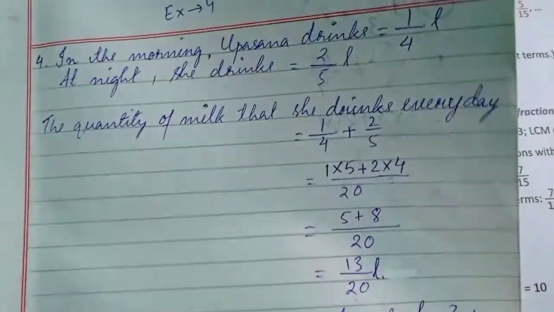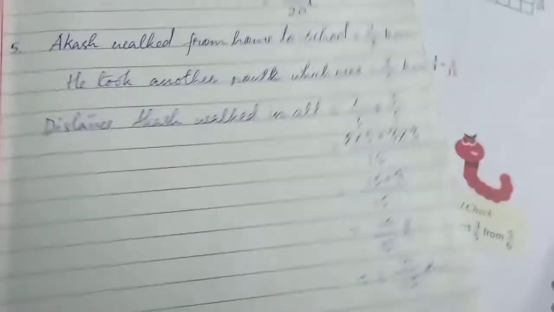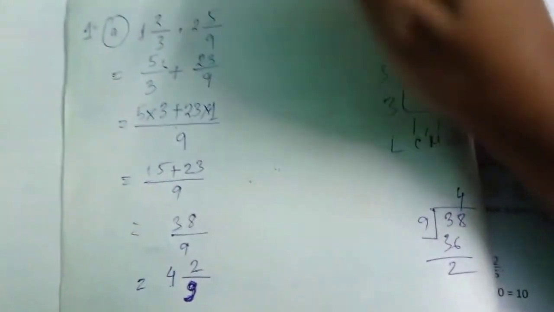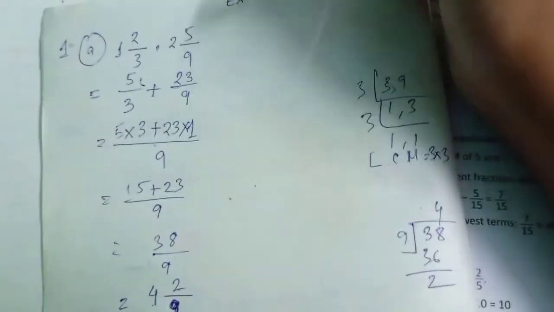Okay, so in case of the answers of exercise 4 and exercise number 5, now I am going to do exercise number 5, 1a. It's very simple. You can see this is an addition you need to do.